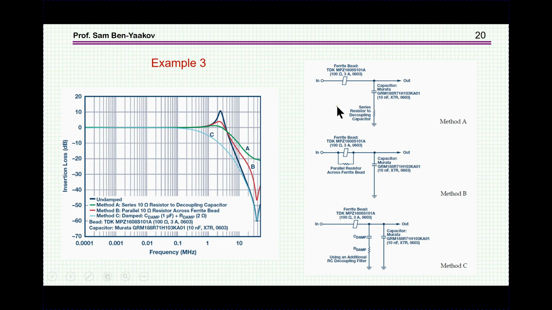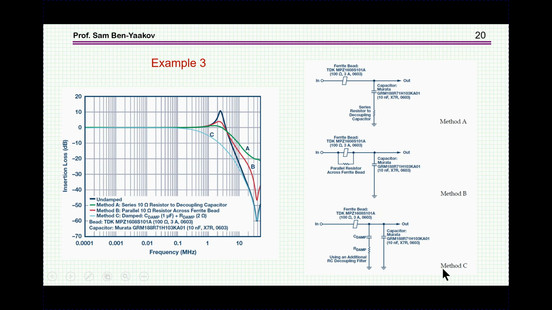And then there's a case in which they have added a resistor instead of the capacitor for damping. Okay, damping what? Damping this resonant circuit that might cause oscillations here. So this is method A with a resistor. Method B is a capacitor plus a resistor across the ferrite, again for damping.